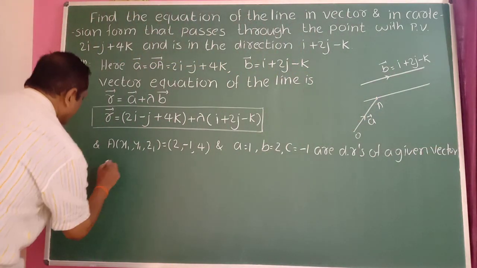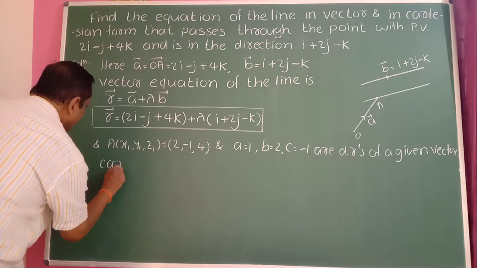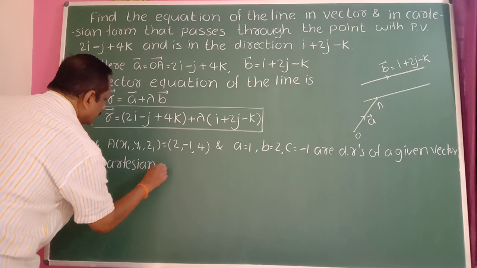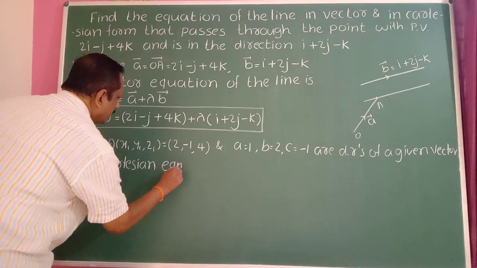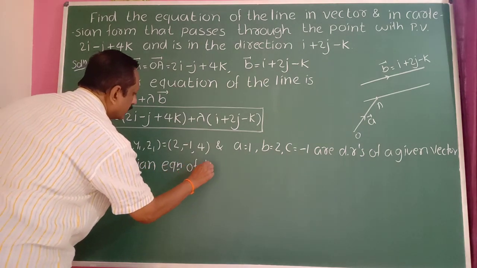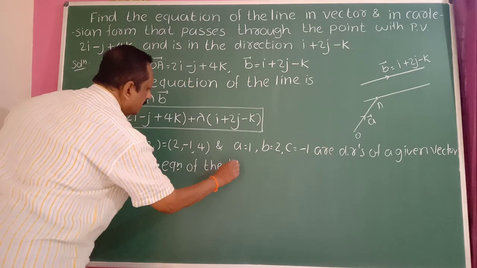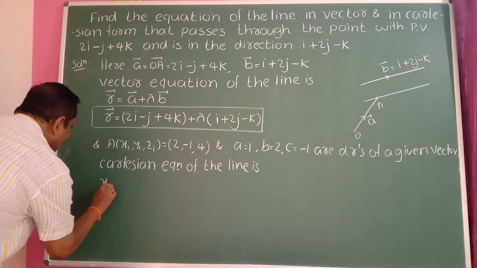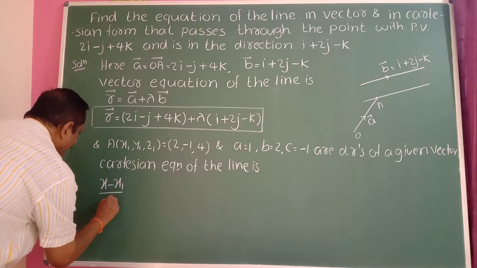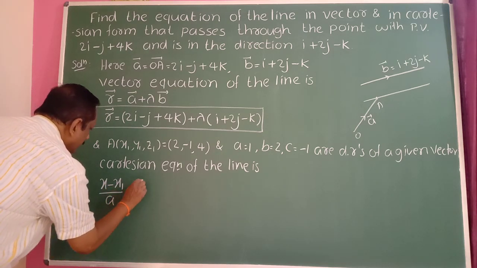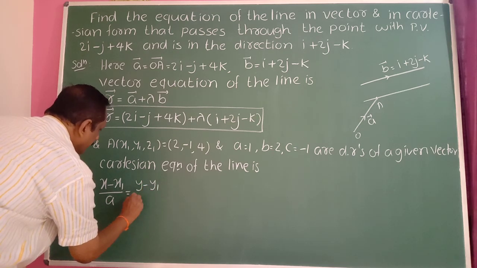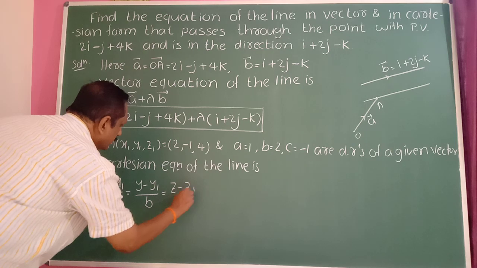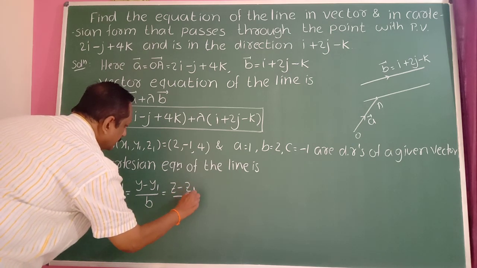Therefore the Cartesian equation of the line is (x minus x1) divided by a is equal to (y minus y1) upon b is equal to (z minus z1) divided by c.